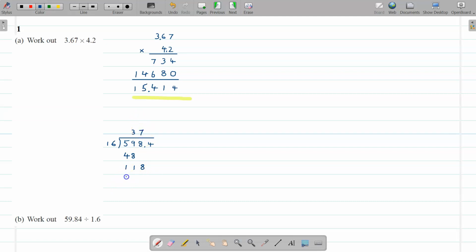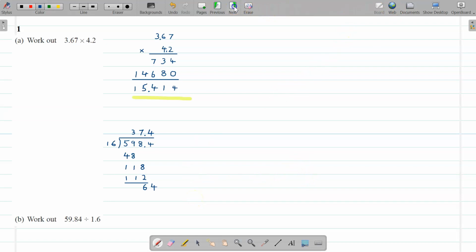So if I put that underneath, I see that I have a remainder of 6. Okay, and if I now bring down the 4, that will give me 16 into 64, which goes exactly 4 times, no remainder. And because the point is here, the point sits above it there. And the answer is 37.4.